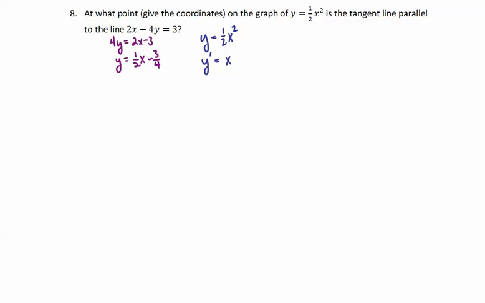We want to find out where the slope is 1/2, or the slope is just whatever the x value is. So we set the equation x equals 1/2. This is the derivative, and this is the slope of the linear equation.